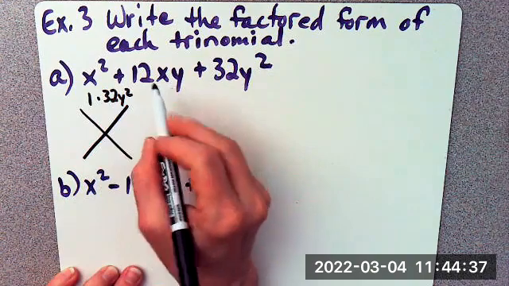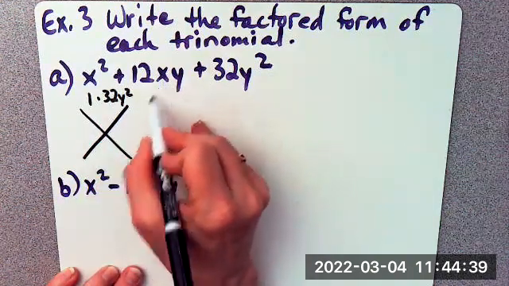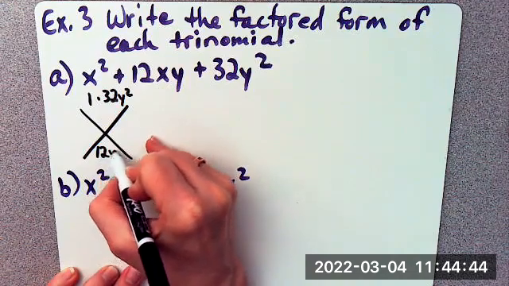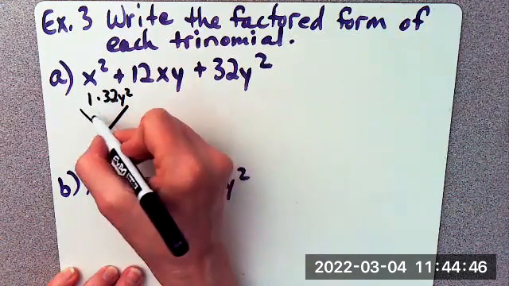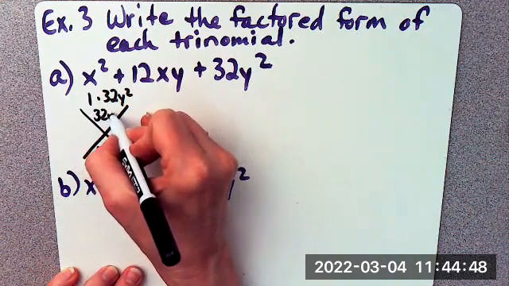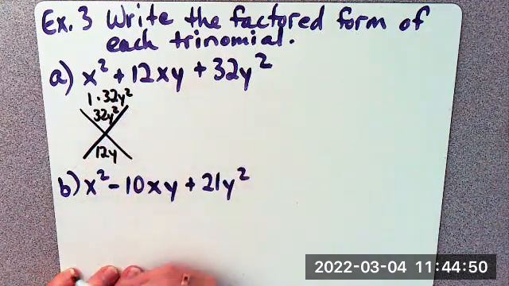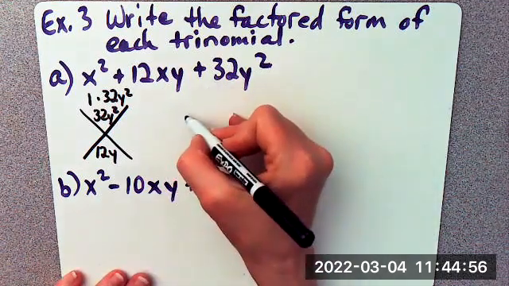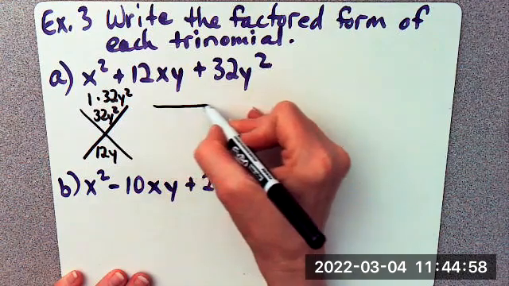And the middle term is 12y. So we have 32y squared right here. Okay, so we look at, well, what multiplies to be 32 and adds to be 12? So let's go ahead and do a factor sum.